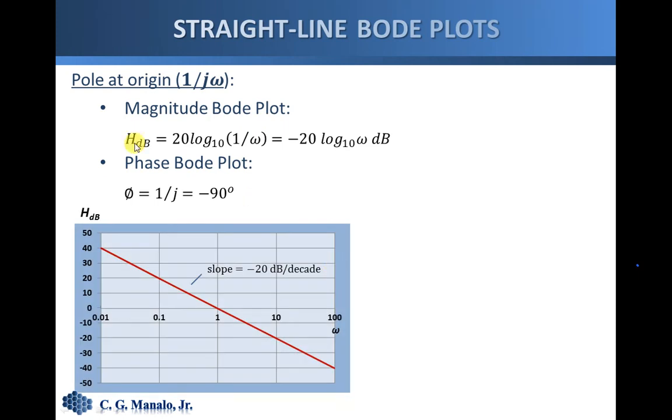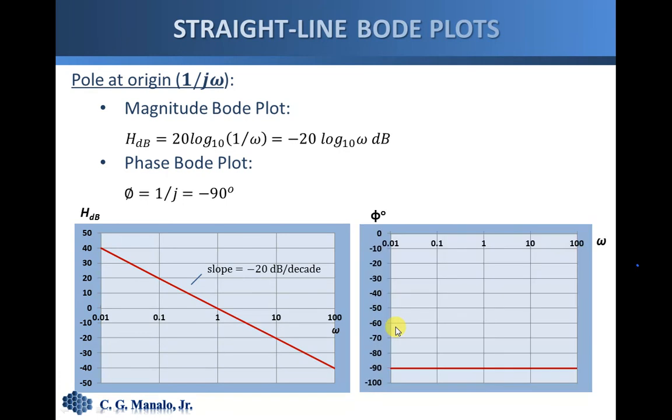Now, if we plot the magnitude of this pole at the origin, you will get also a straight line passing through omega equals 1 radian per second with a value of H dB equal to 0 and also a slope of 20 dB per decade, but this time it will be negative because of the presence of a negative sign here. Now for the angle, it will be a constant negative 90 degrees, regardless of the value of omega.